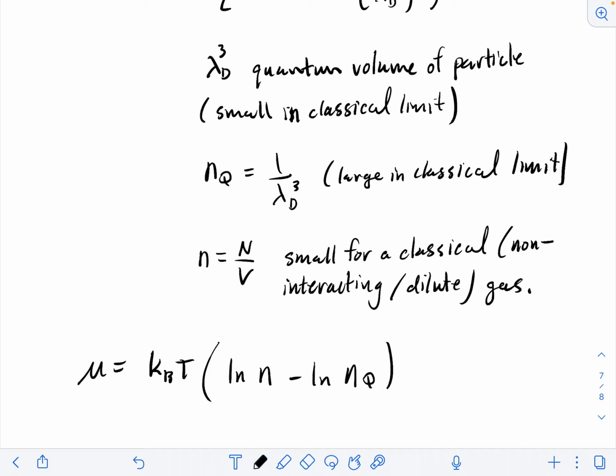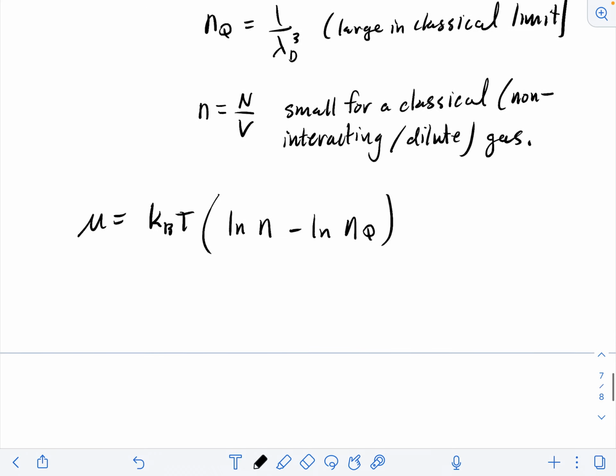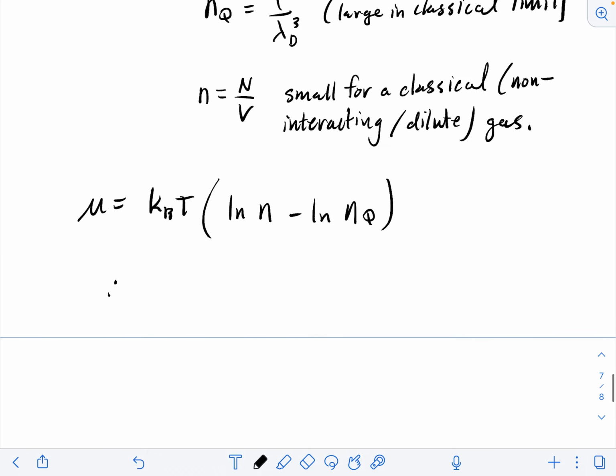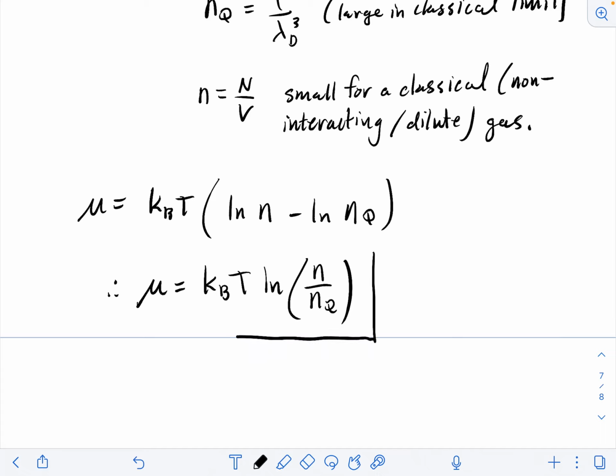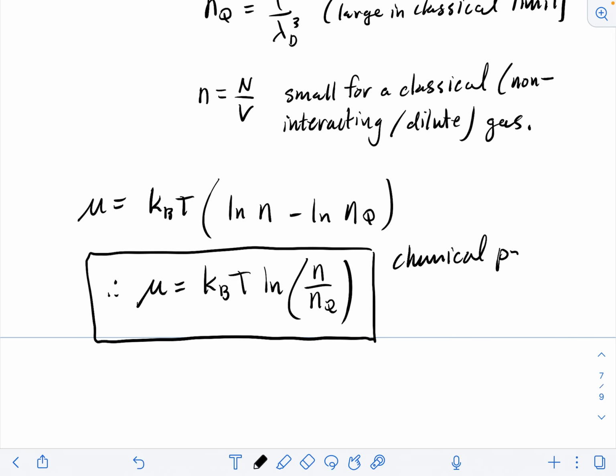And so combining everything, mu is equal to kBT ln of n over nQ. And so this is the chemical potential of a monatomic ideal gas.